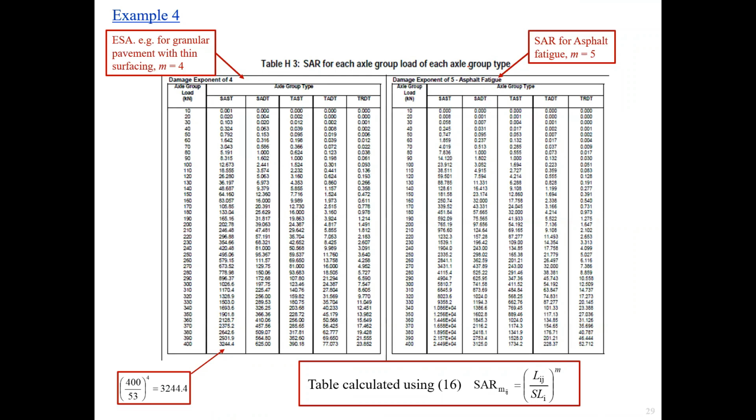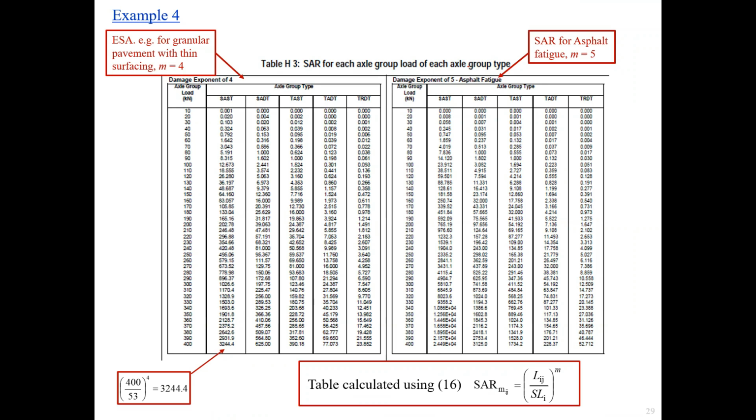Then we are able to calculate the SAR for damage exponents of 4, 5, 7, and 12 according to equation 16. For granular pavement with thin surfacing, M equals 4. For asphalt fatigue damage, M equals 5.